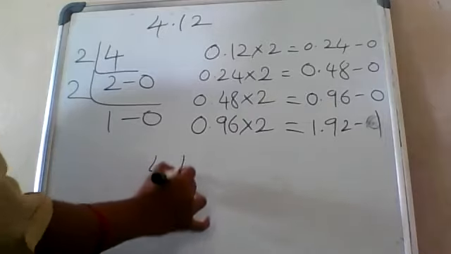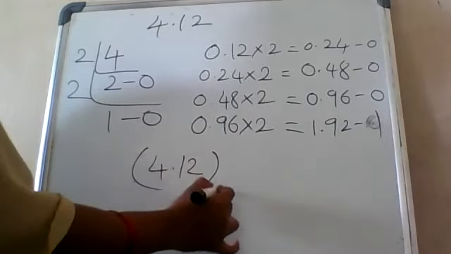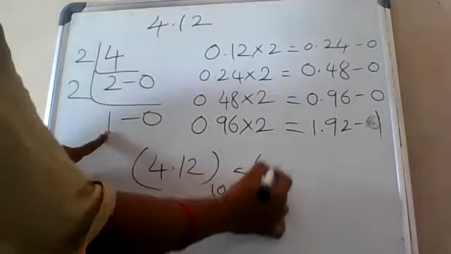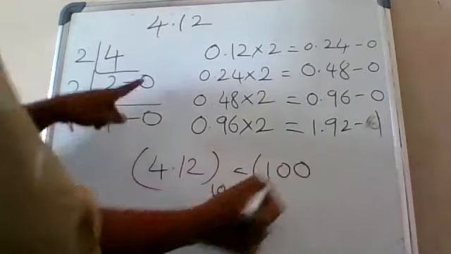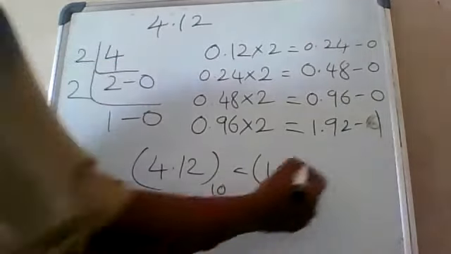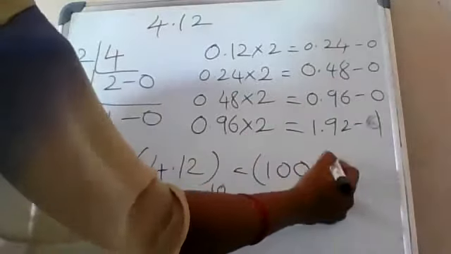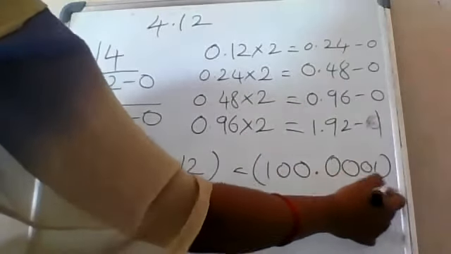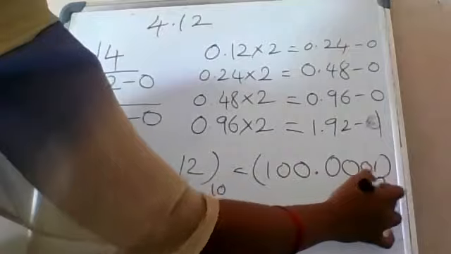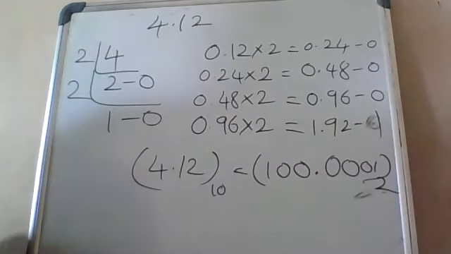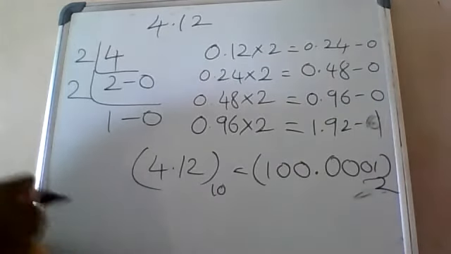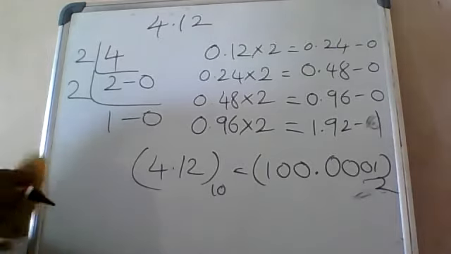What is the answer? 4.12 base 10 equals 100.0001 base 2. This is the decimal to binary conversion.